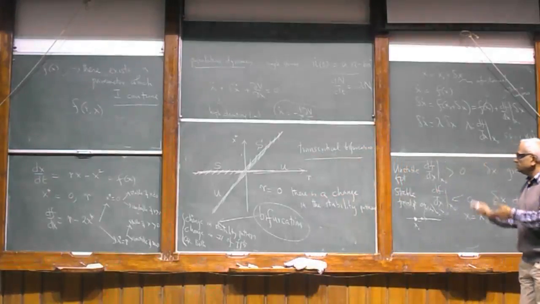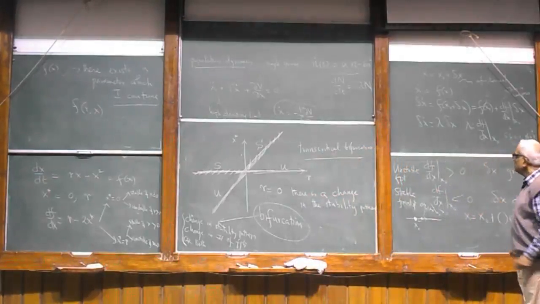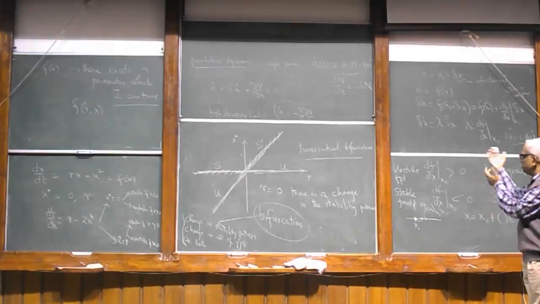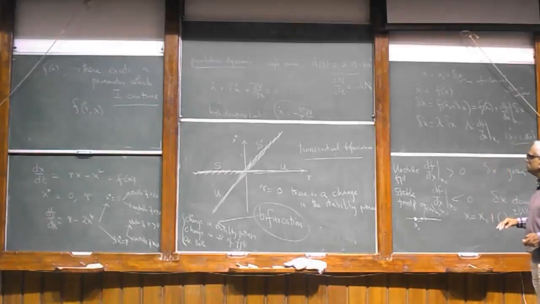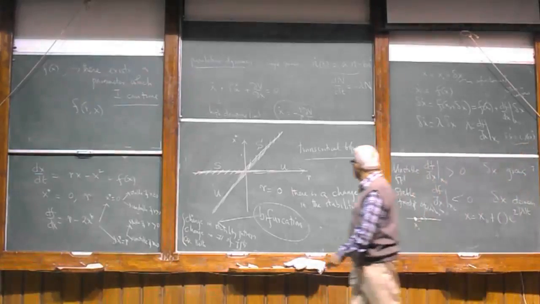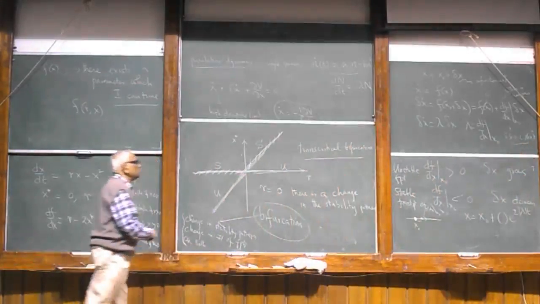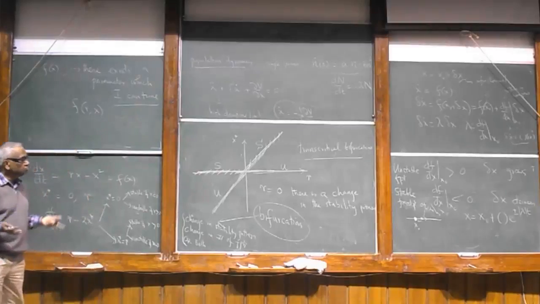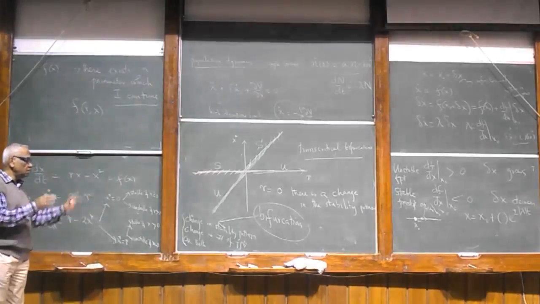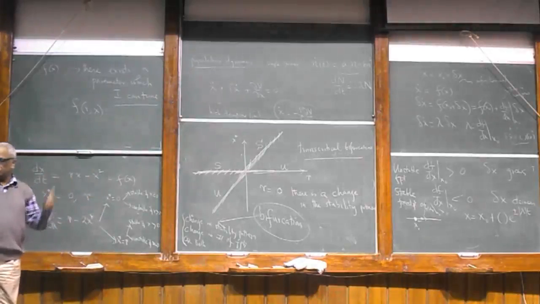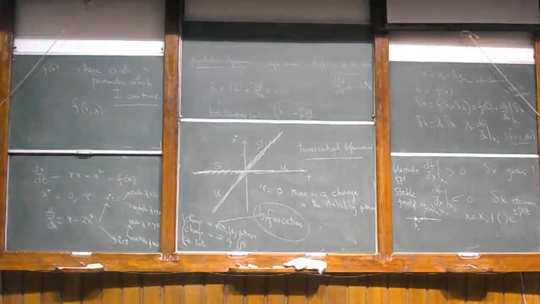This is nomenclature, nothing else. I have no idea why it is called transcritical. Anyway, what it is, is an exchange of stability, as happens for Rx minus x squared.